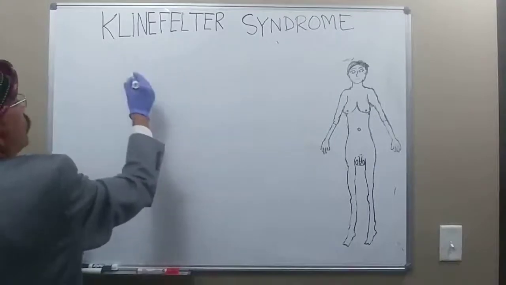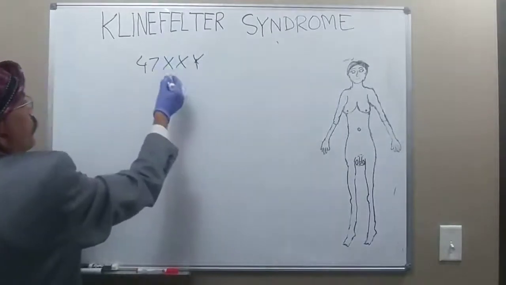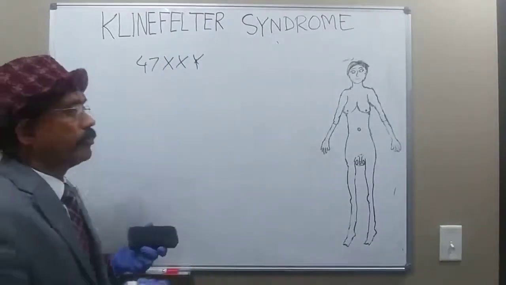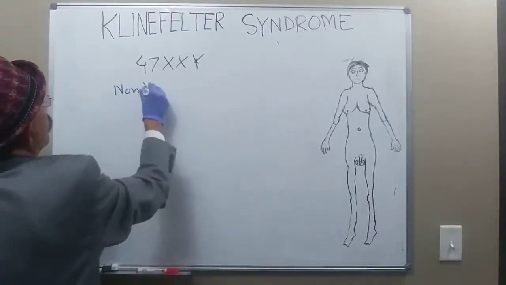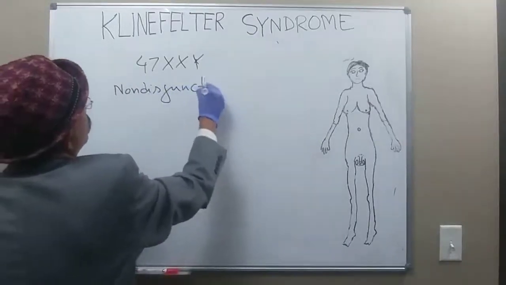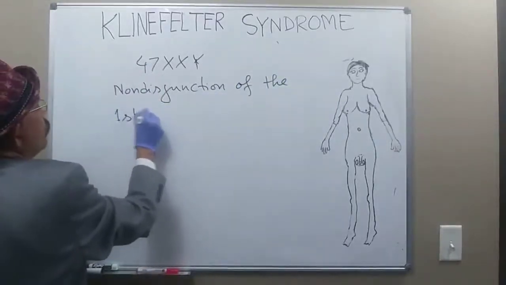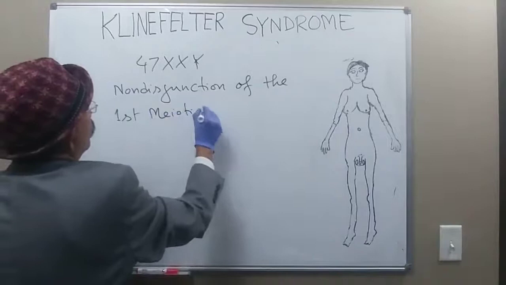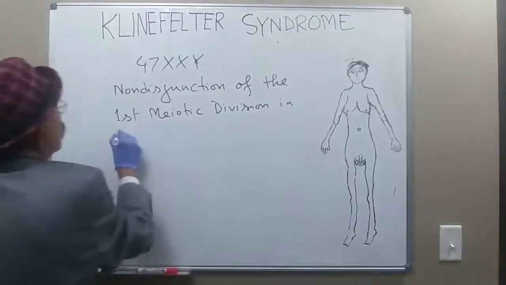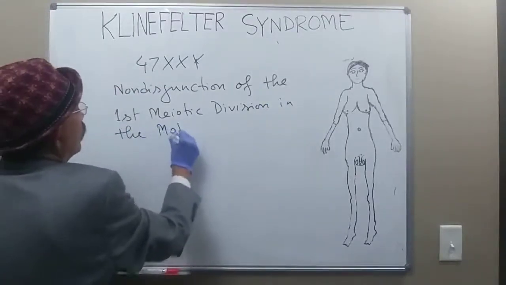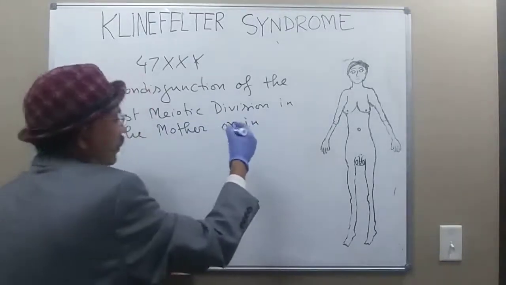Why did this happen? Why do we have 47XXY? What is the reason for one additional X chromosome? This is due to non-disjunction of the first meiotic division in the mother or in the father's cells.